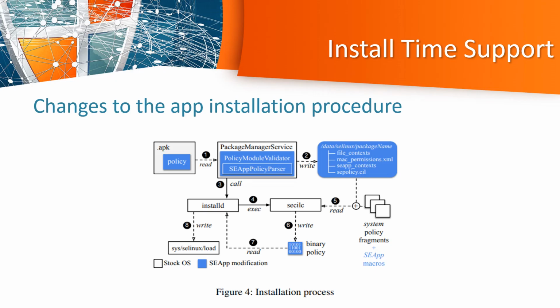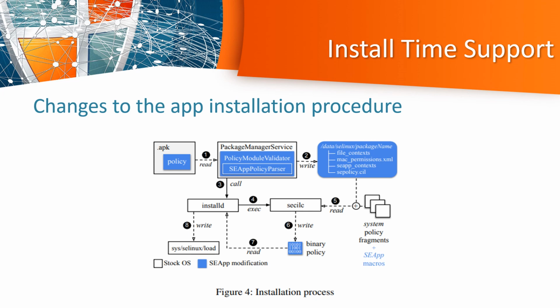A developer willing to define their own policy module is expected to load it in the app package. At app installation, the package manager service inspects the APK to identify whether or not the current installation involves a policy module, by looking for the policy directory at the root of the archive.